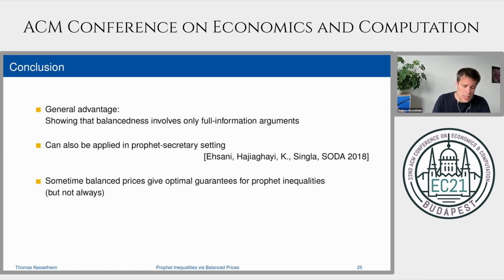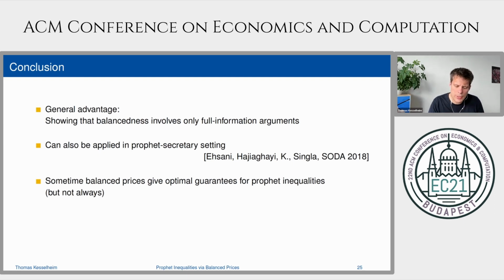Good. So coming now to the end of this part and also of the entire tutorial, I hope I've given you some idea of what these balanced prices look like, and of how you work with these. The general advantage is that you can actually take apart the entire argument. You'll have one part which will be about your particular feasibility constraints.